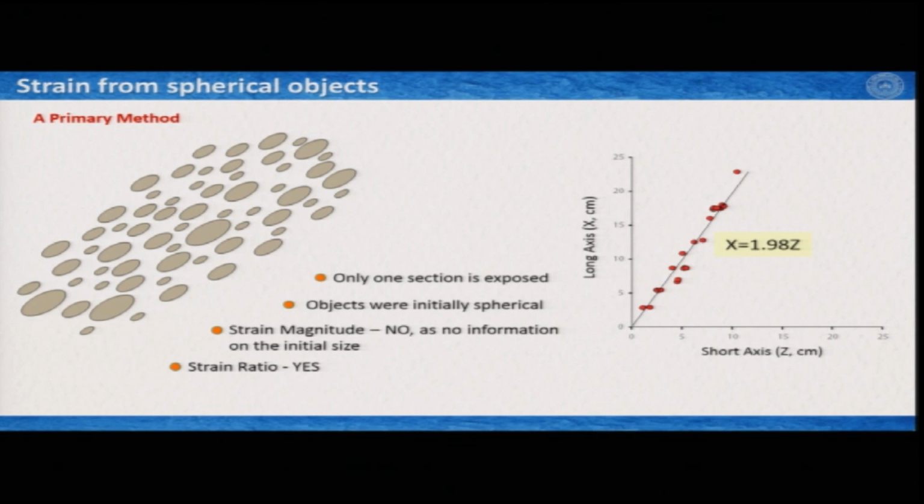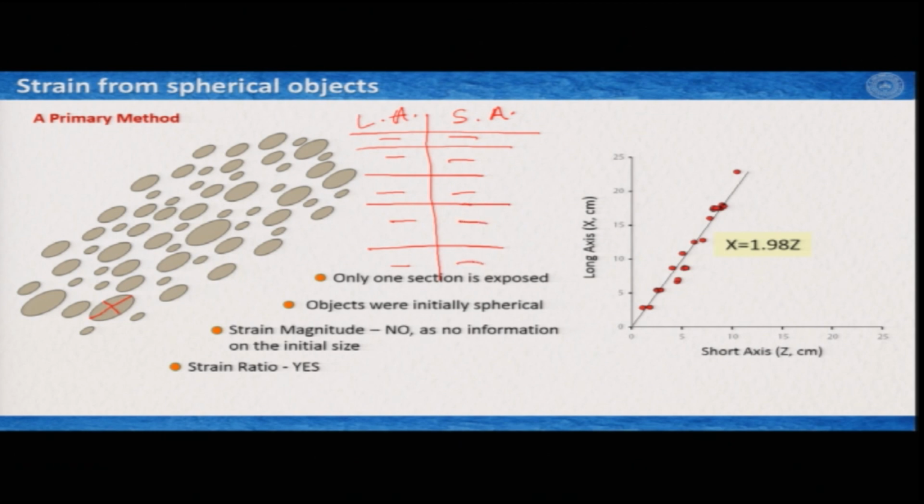So, here is a very simple example where I had some initial circles, and these circles got deformed to form these ellipses. You can measure the long axis and the short axis. So, in one column you write long axis, and in another column you write short axis, and you write the values 1, 2, 3, 4 and so on.